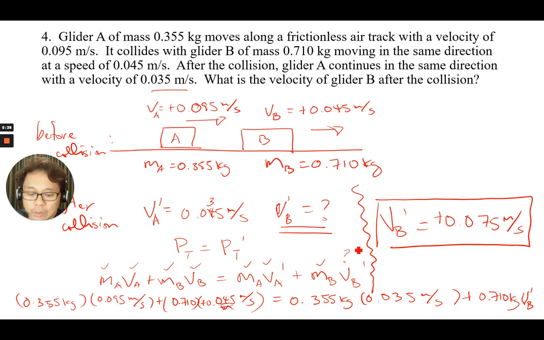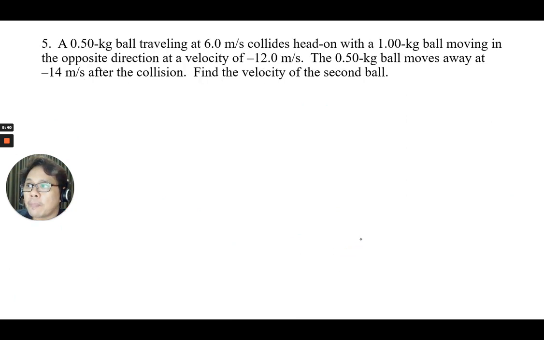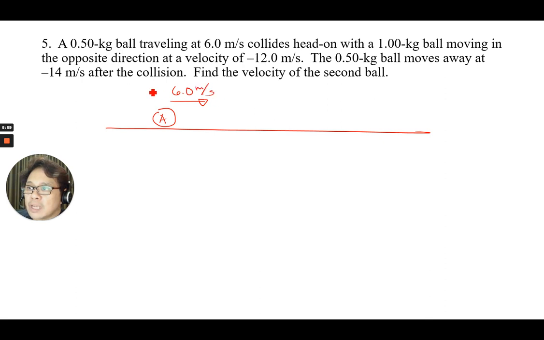Alright, let's go to problem number 5. A 0.50 kilogram ball traveling at 6.0 meters per second. Okay, let us illustrate this. Let's call this ball A. It's moving at 6.0 meters per second. Let that be the initial velocity of ball A. The mass of ball A is 0.50 kilograms.